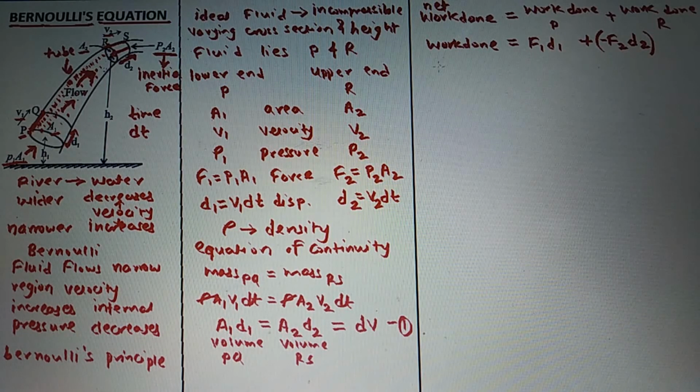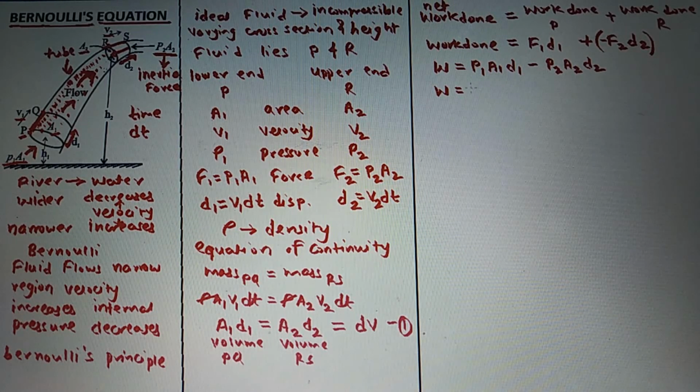We will write here the work done W is equal to, what is F1? F1 is equal to P1 into A1, into D1. This plus into minus will be minus here. And what is F2? F2 is equal to P2 into A2, into D2. Now we can write W is equal to P1 into A1D1.